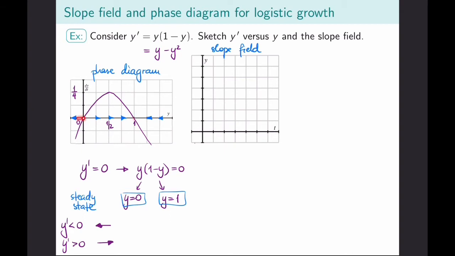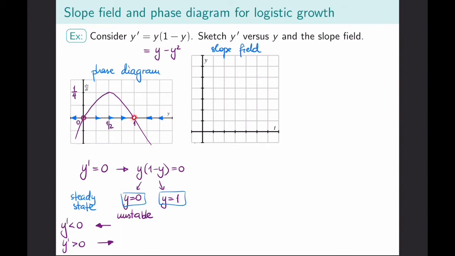This one, you can see that the arrows run away from it, which means that if I start my little ant over here, the arrows will lead it away from 0. This signifies that 0 is an unstable steady state, and therefore I am denoting that by an open circle on the phase diagram.